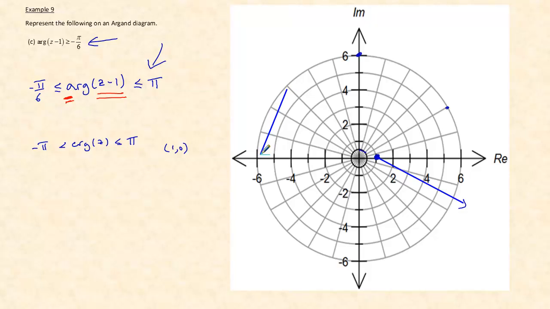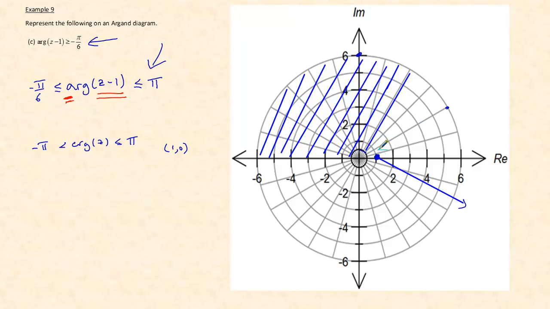So the area we want to shade is going to be all the way around to pi, starting at this point here, and then from there we're going to go down to that negative pi by 6.